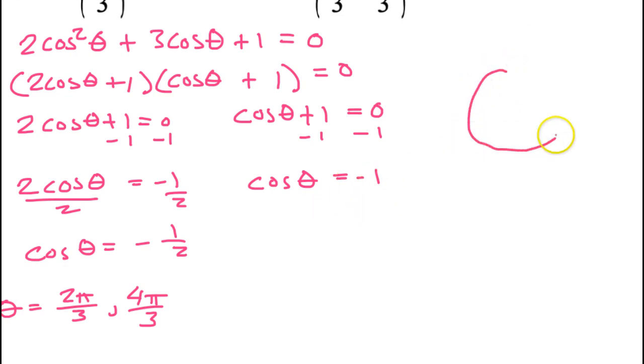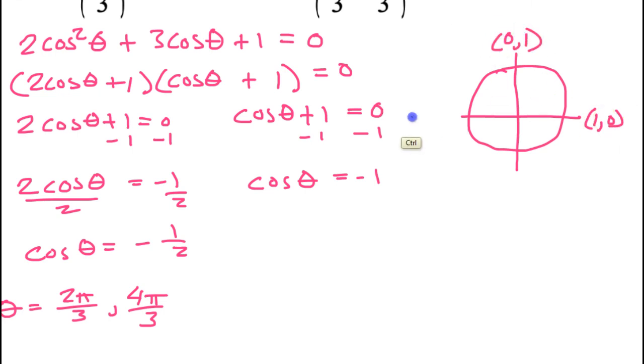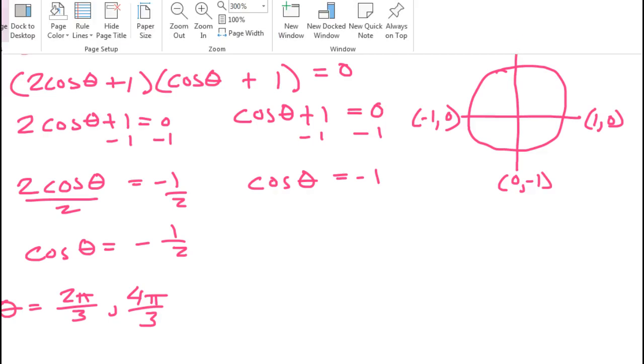But when I say a quadrantal angle, I'm talking about angles that fall right on the x-axis or the y-axis. So in this position, the coordinates of this point are 1, 0, and this is 0, 1, negative 1, 0, and 0, negative 1. Cosine is the x value on the unit circle.